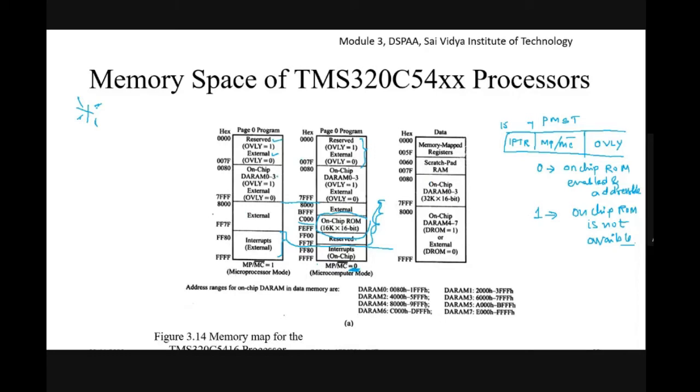Okay, now coming to after this overlay, this is the seventh bit, this is the sixth bit, and this is the fifth bit.